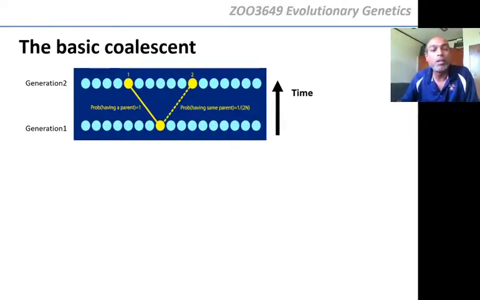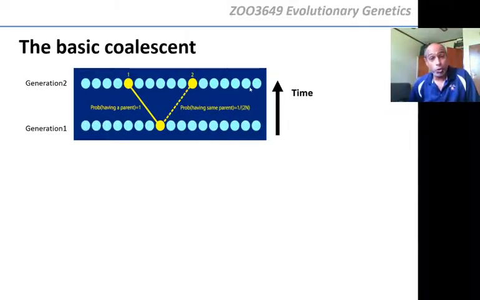So the basic coalescent I'm going to explain to you. Imagine we have a Wright-Fisher population. We have these dots here in generation 1. These dots can be individual people, they can be alleles, they can be a DNA sequence, they can be anything that you have sampled in one generation.